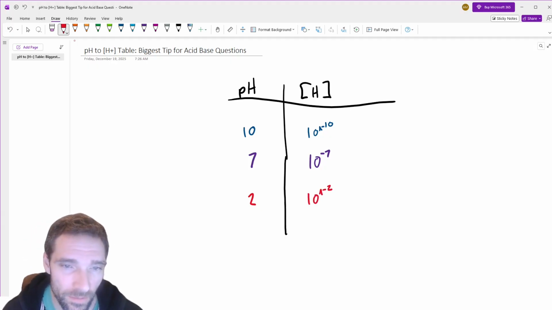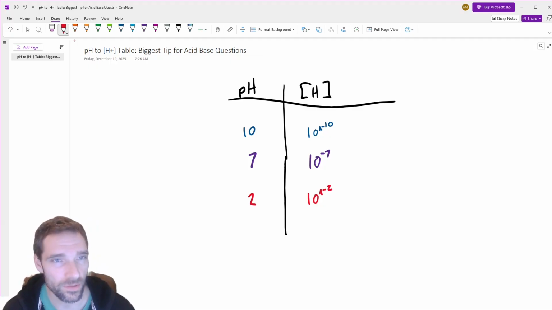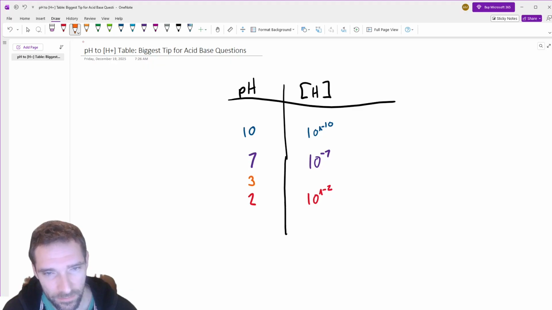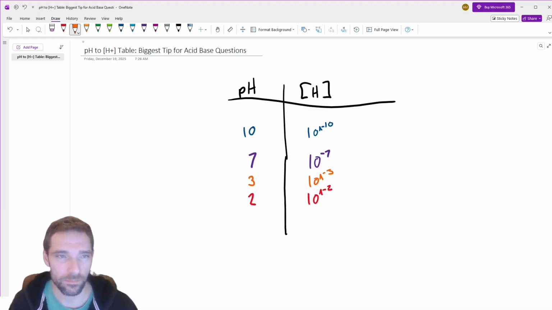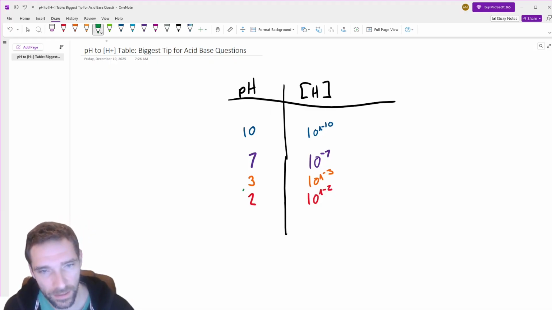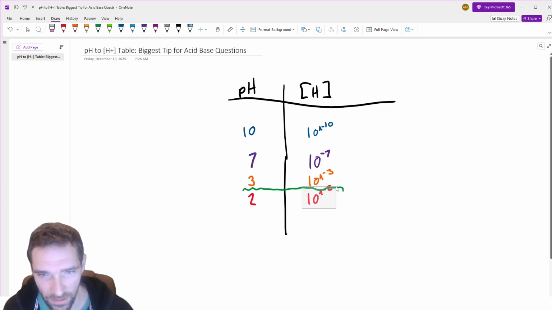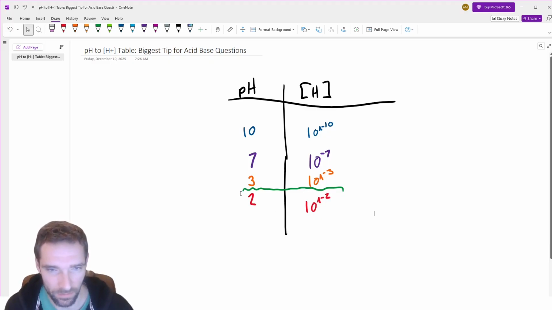And where people kind of struggle is more when we've got values that are not whole numbers. So if I had something like 3, and 10 up to the negative 3, we can try and think about what if I had something between those two values, and what is that going to be in terms of the pH or the pOH?